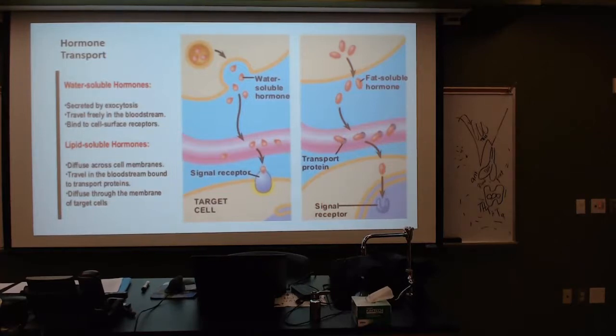Wait a minute. Fats and water. Mix or no? No. How about something that's not a fat? What if it's water-based? Water, water everywhere, but nary a drop to drink.